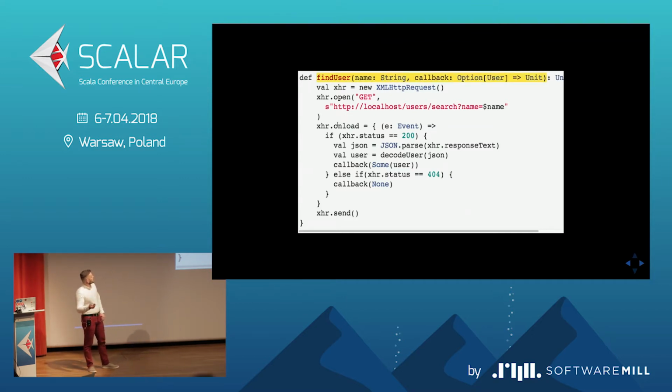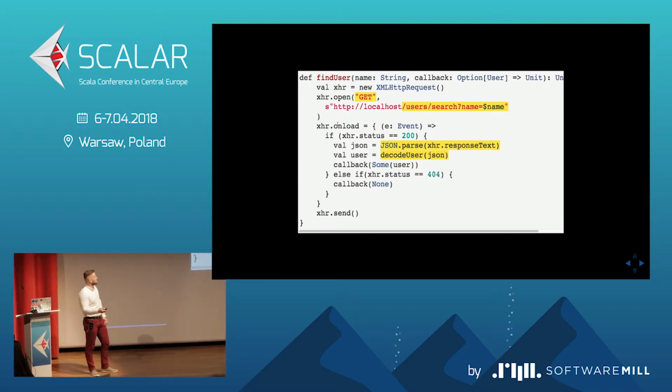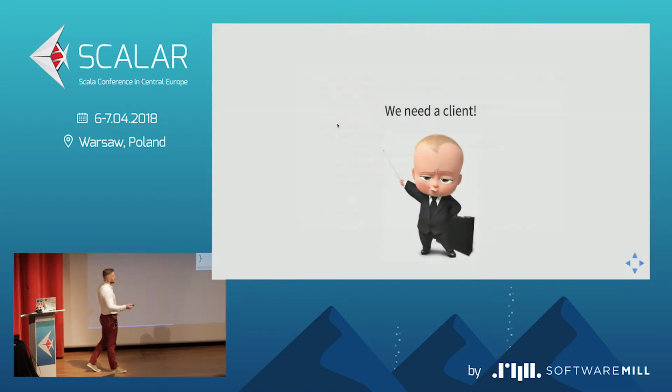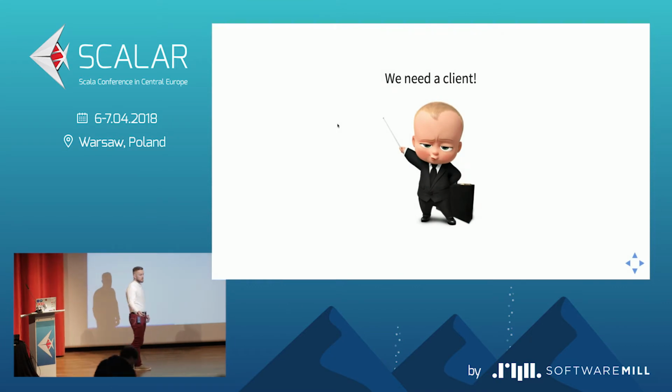So you define some method that takes the name of the user, and you invoke your endpoint with a get method with the user search path with your query parameter. If the status is OK, you just parse the JSON, decode the user, blah, blah, blah, and you call your callback. And you're done.